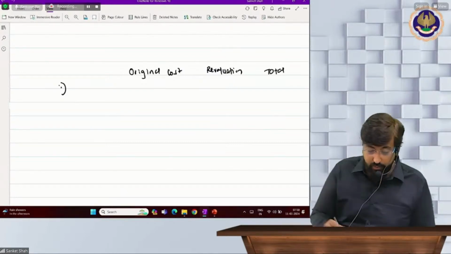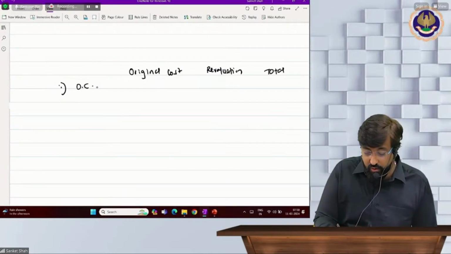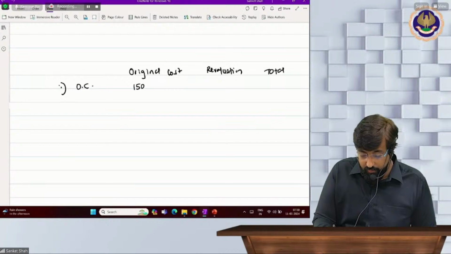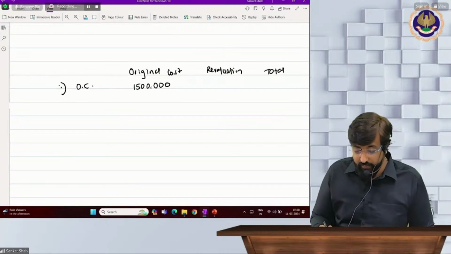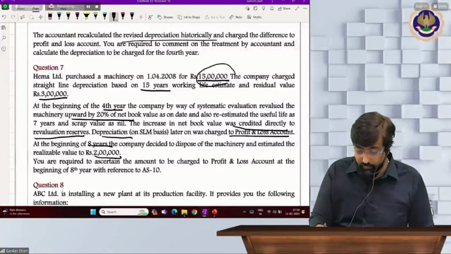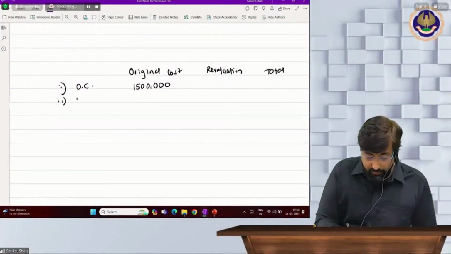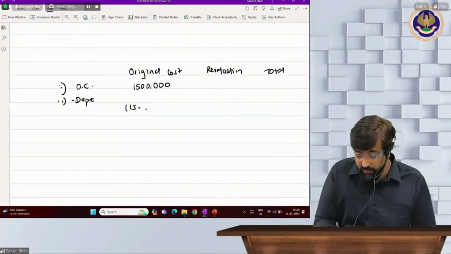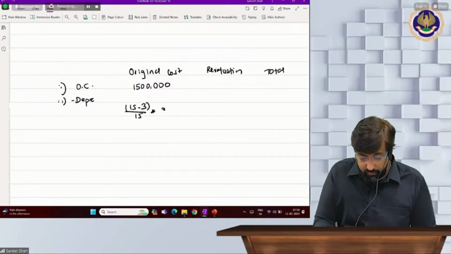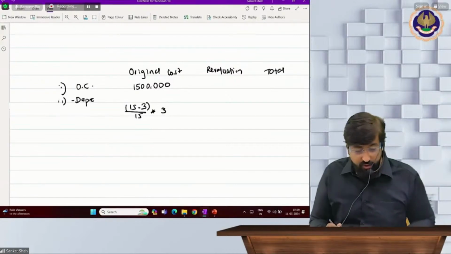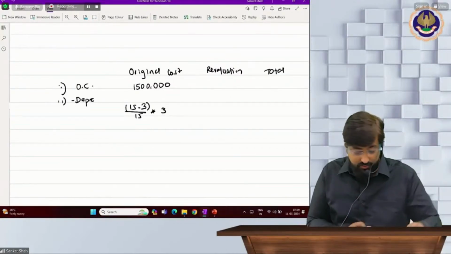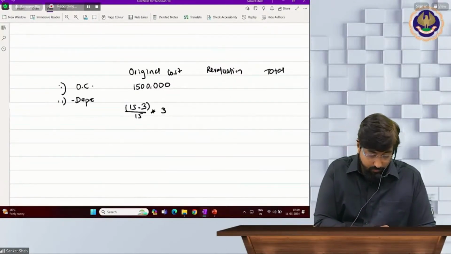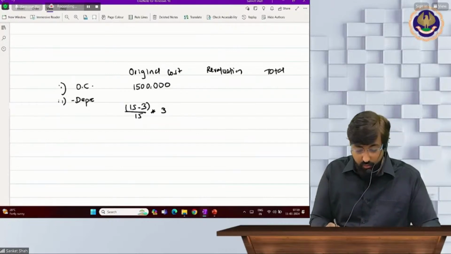Okay. So original cost is 15 lakhs. Agreed? What is the depreciation? 15 lakhs minus the salvage value of 3 lakhs, 12 lakhs divided by 15 into 3 years. 2 lakh 40,000.